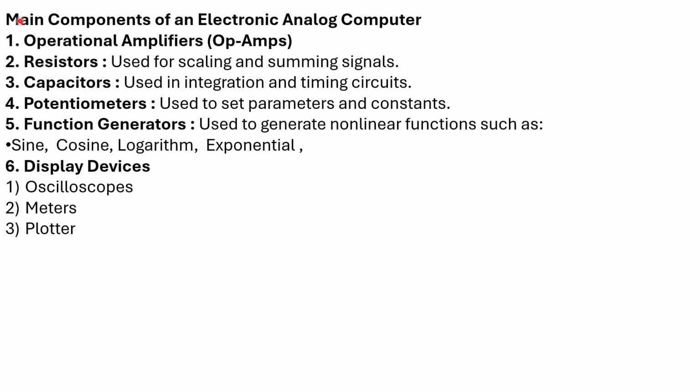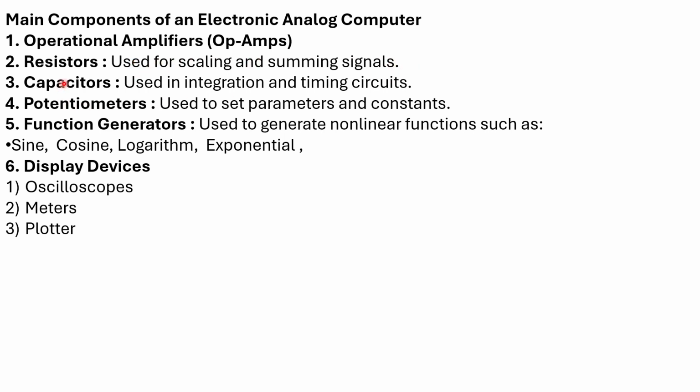Now, main components of an electronic analog system. We use operational amplifiers, resistors of different values used for scaling and summing. Wherever in any equation the resistance value comes, a particular resistor of that type, analog type, is inserted in circuit and results are seen.